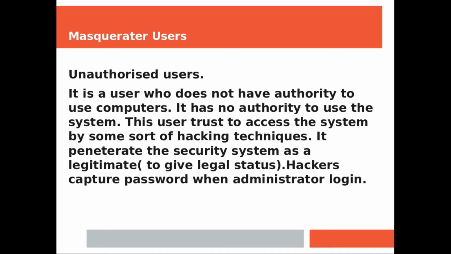The server was in an inconsistent state, meaning not a normal state. Such types of users are called masquerader users. That guy was not a student of Modern College, but still he came into the college.